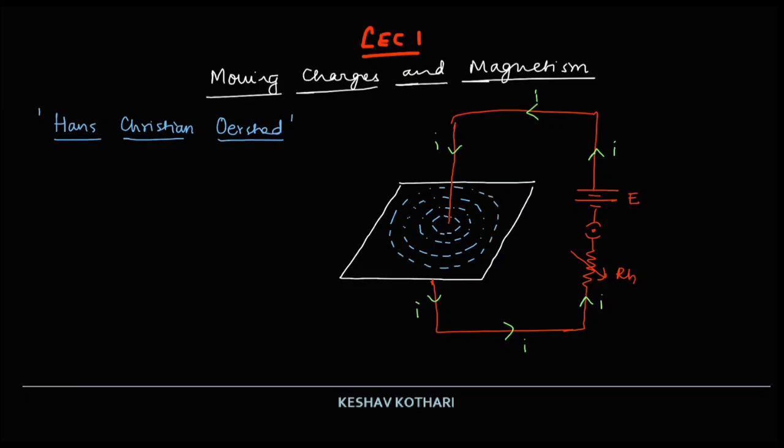When the compass needle was placed, its direction pointed out that the direction of magnetic field is in this sense. This red arrow represents the direction of magnetic field as observed by the compass needle when placed at different positions on this cardboard.